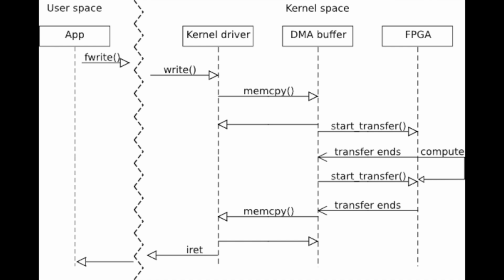Then the application triggers the transfer on the bus to the FPGA, waits for the completion of the computation on the FPGA, and gathers the data back through the same path in the other direction: from the FPGA to the DMA buffer, and from the DMA buffer finally to the user space buffer.